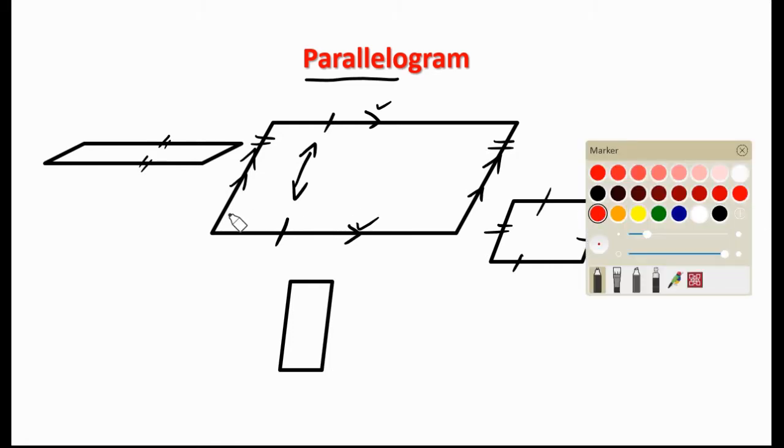This will be congruent with this. This will be congruent with this. Another peculiarity, if you think about the opposite angles, these angles will be congruent. The measure of this angle and the measure of this angle will be congruent. Understood?